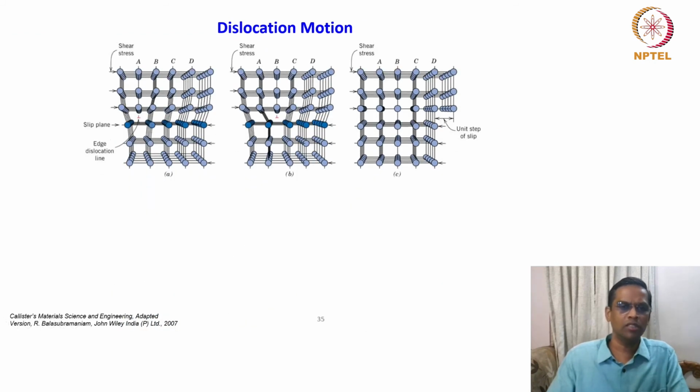These are good schematics showing how the motion of an edge dislocation takes place in a lattice. You see that the extra half plane is getting shifted from position A to position B to beyond D, and it creates a unit step of slip.